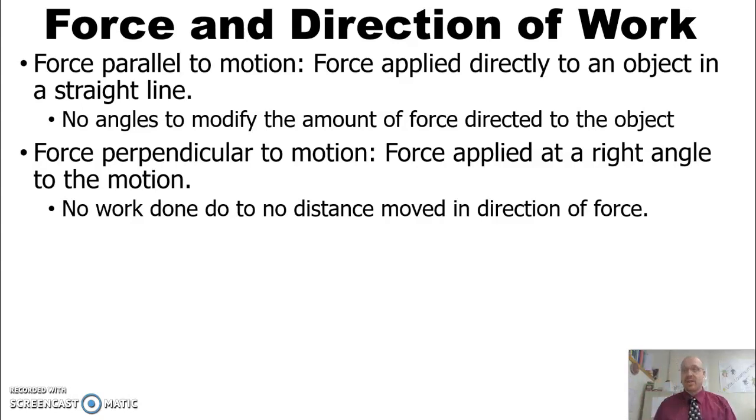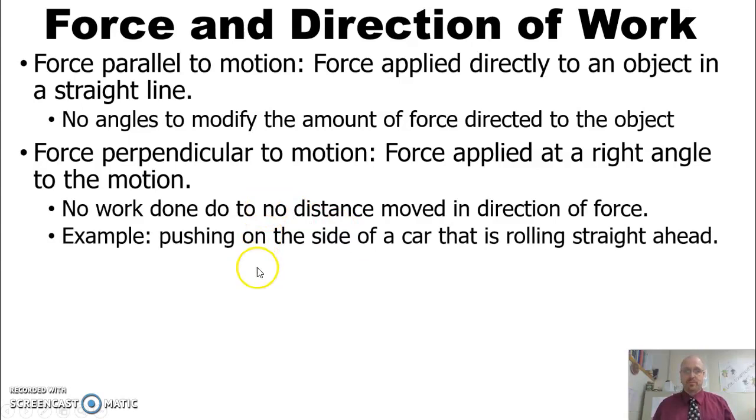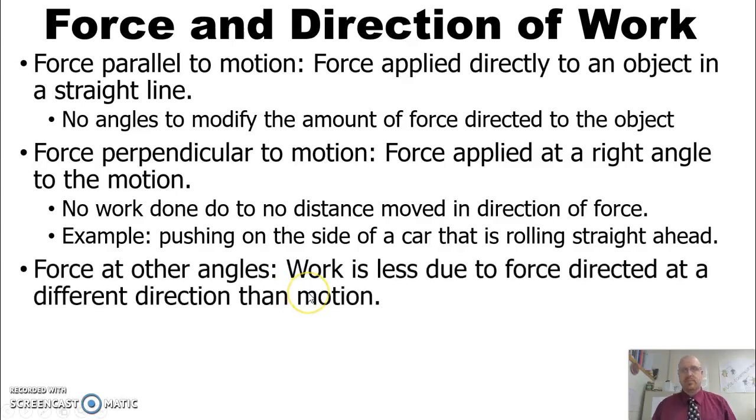That means I haven't done any work because, again, work is force applied through a distance. So an example would be pushing on the side of a car that's rolling straight ahead. You're pushing on it, but you're not actually getting any work done because you haven't applied a force through a distance.